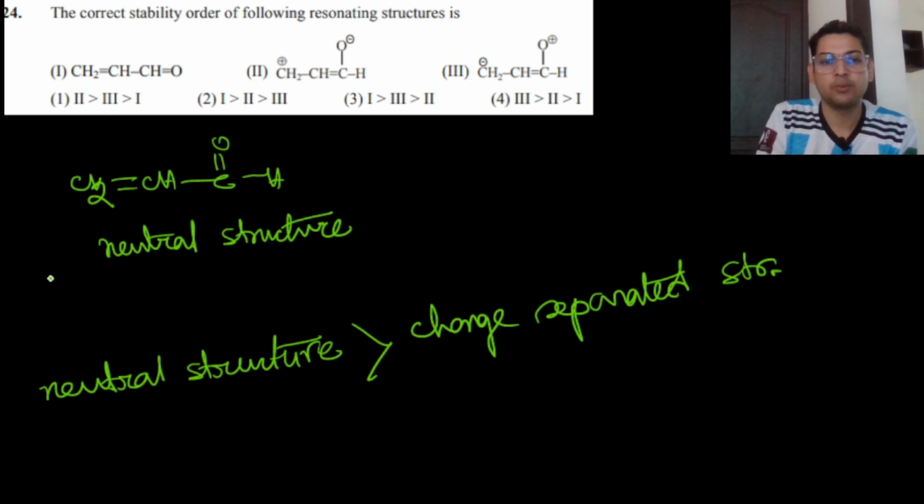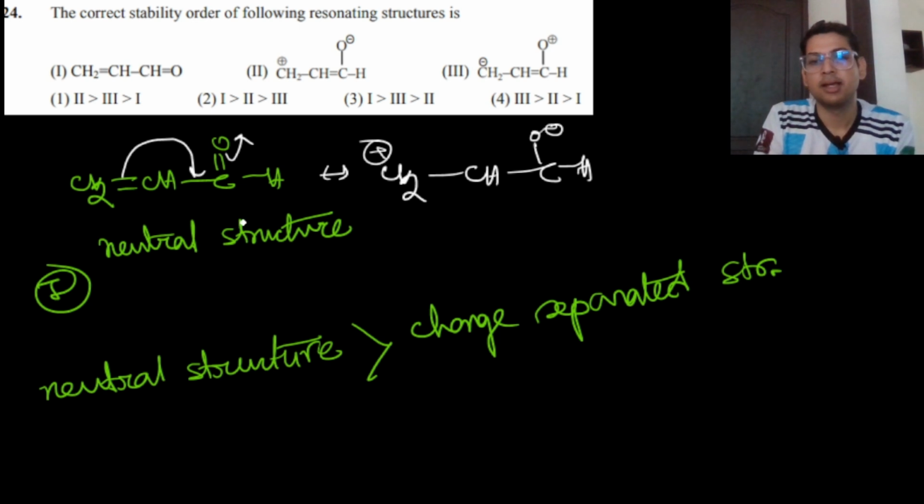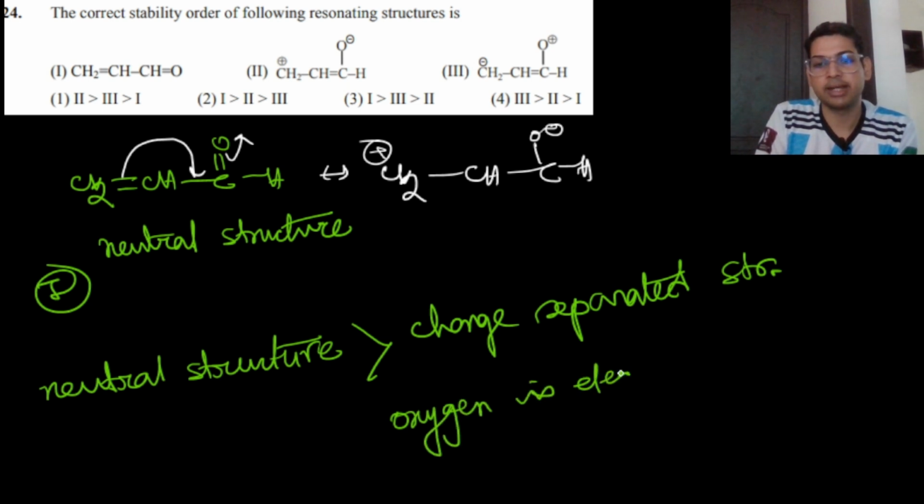So one will be more stable, but if you do resonance here, you have to do the resonance like this: CH2 single bond CH single bond C, O minus H, and it will be plus. Or you can do the resonance the other way also, but that is not a good way, because oxygen is an electronegative atom.